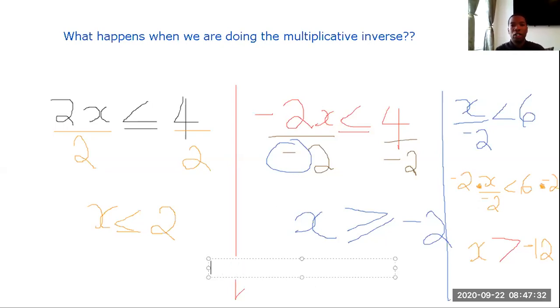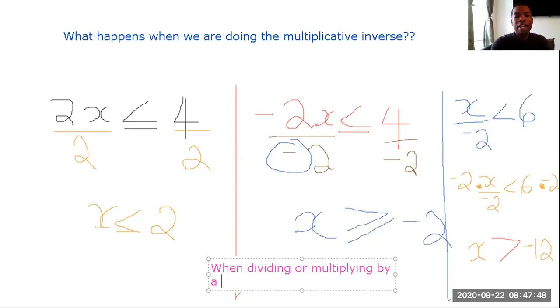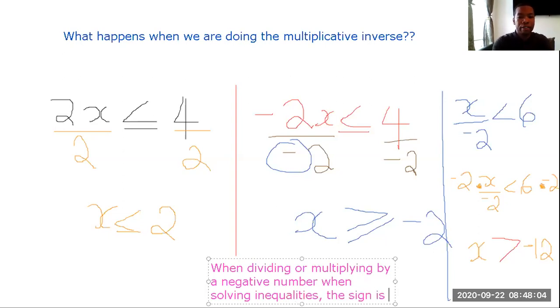When dividing or multiplying by a negative number when solving inequalities, the sign is flipped.